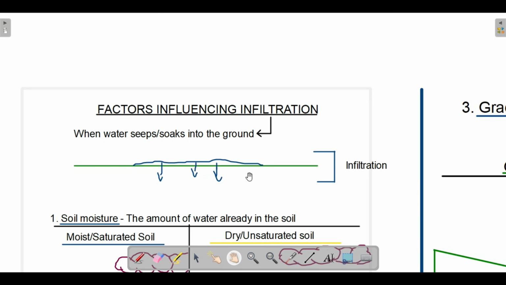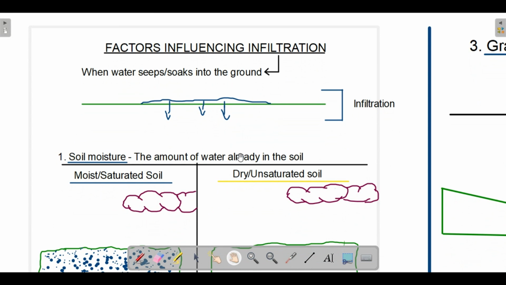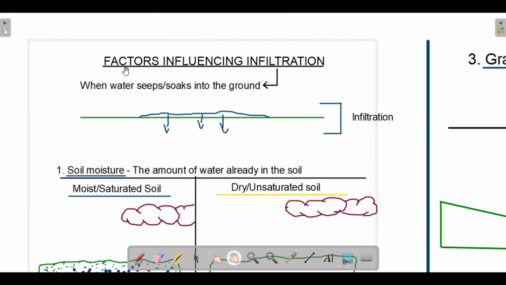You can have to write an approximately 8-line paragraph question on these factors, and that's why we have to start with them, because they form a foundation for many topics to follow. Right, so infiltration, we said that this is when water seeps or soaks into the ground.